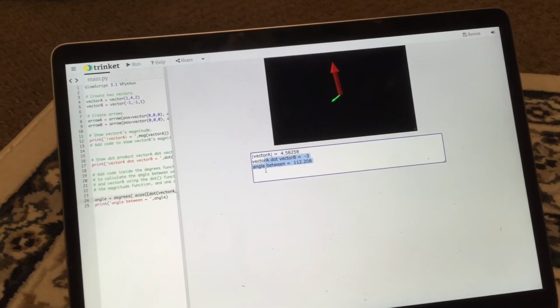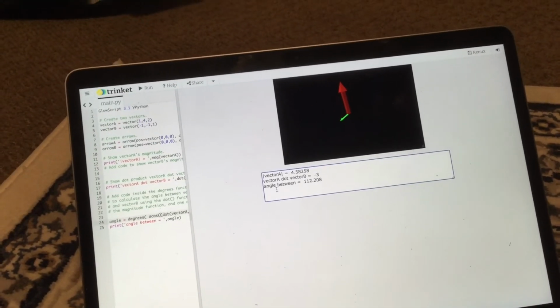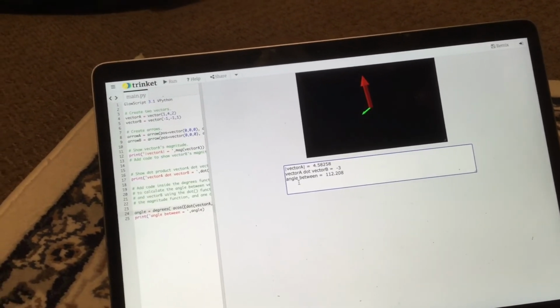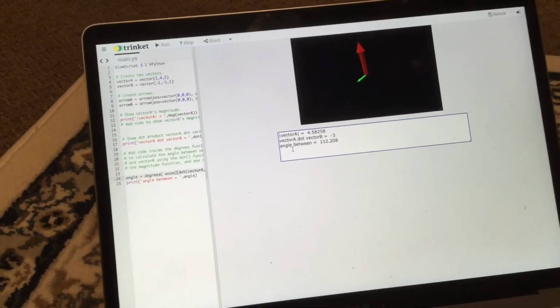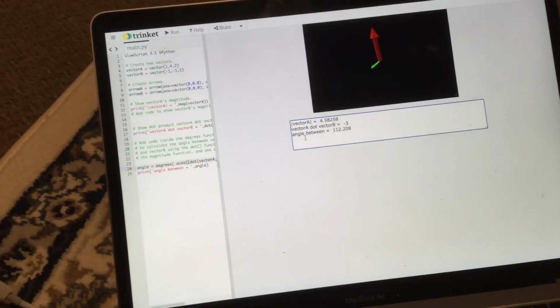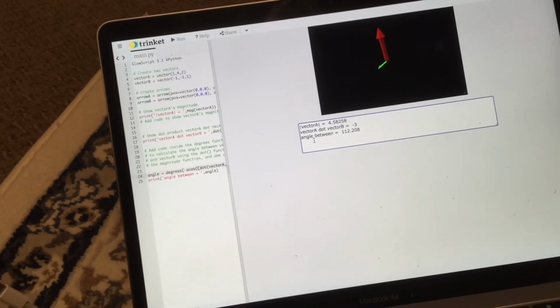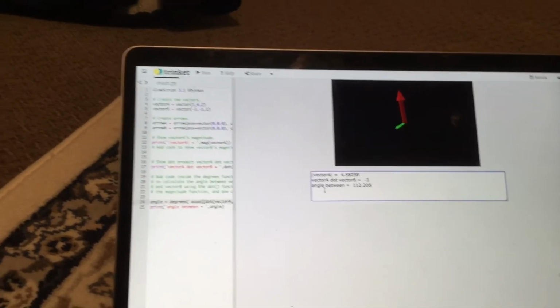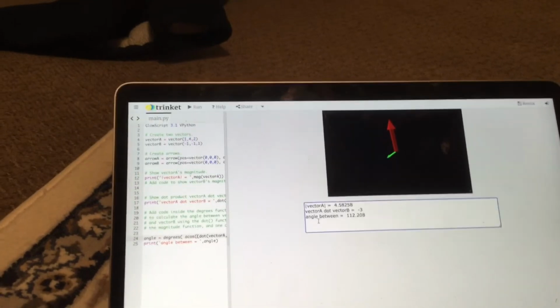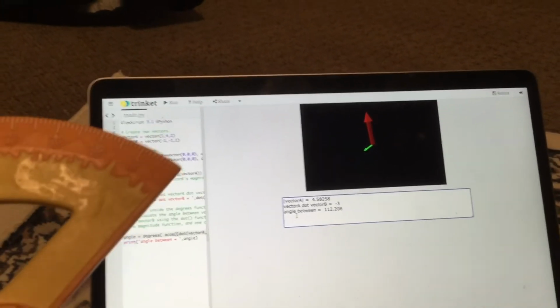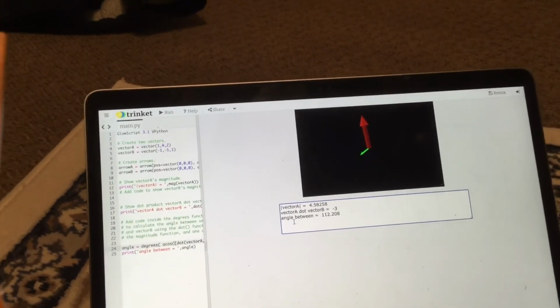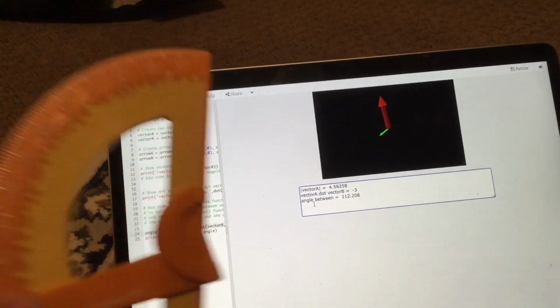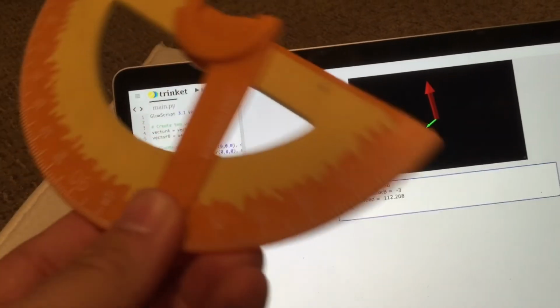Now looking at what the angle is giving me: 112.208, so it is an obtuse angle. This is supposed to be correct, because when the dot product is negative, it has to be an obtuse angle. I used a protractor to check.